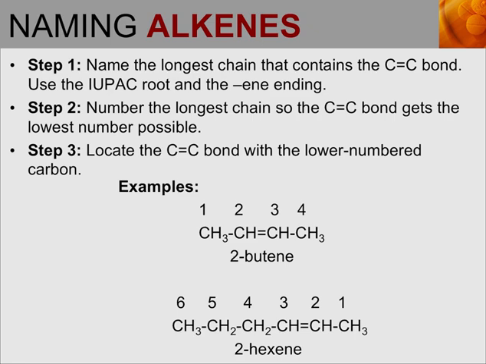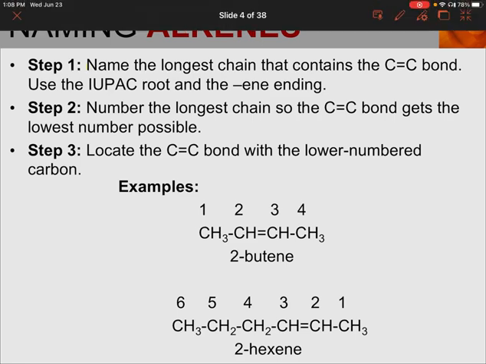So the first thing we're going to do is name the longest chain that contains the carbon-carbon double bond. So even if you have a group coming off of your molecule that's really long, you want to make sure that this carbon-carbon bond is in that chain.